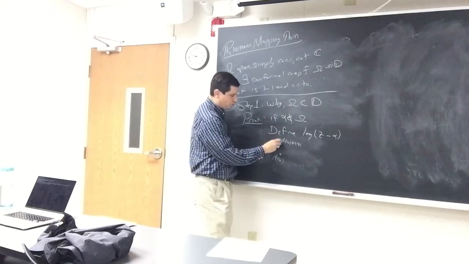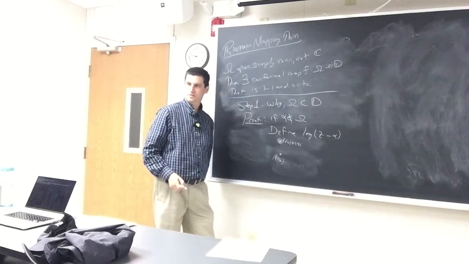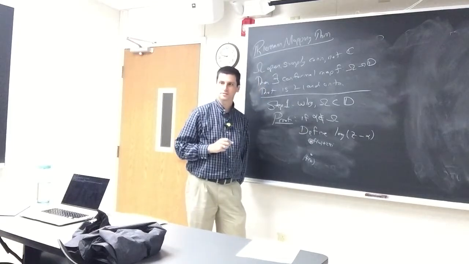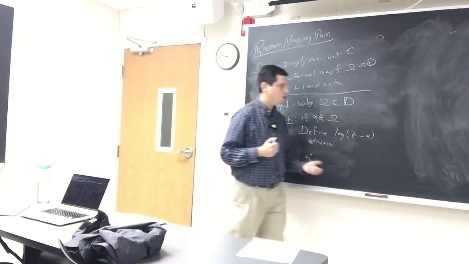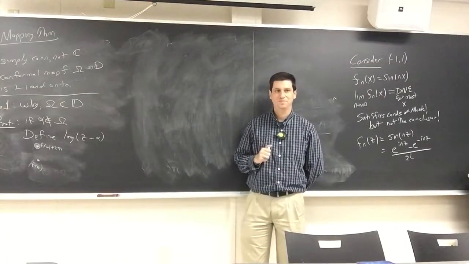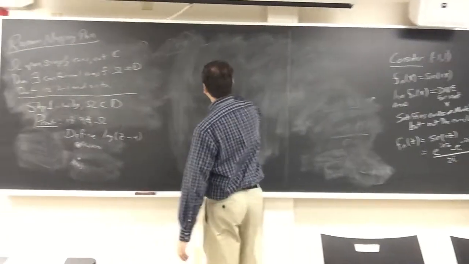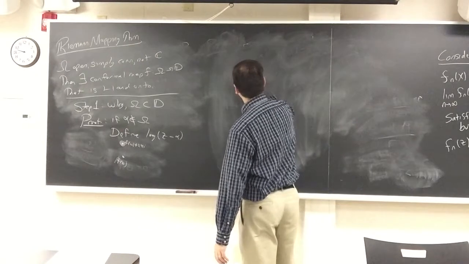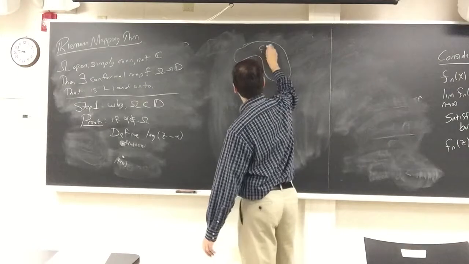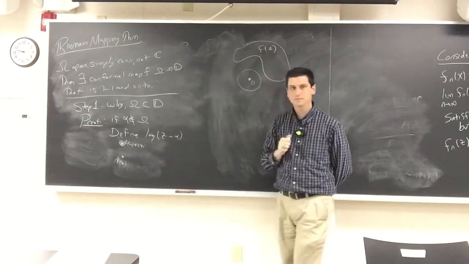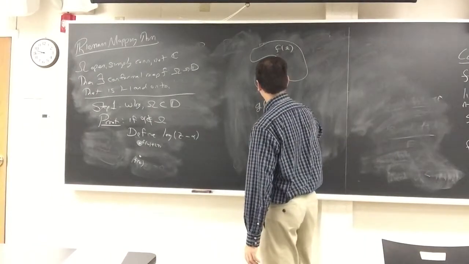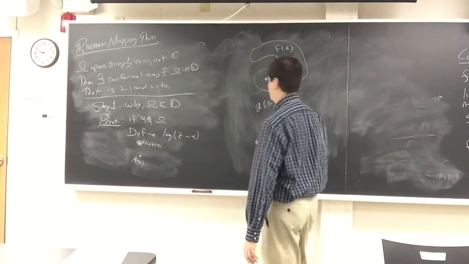What I'm going to do is I'm going to invert about this disk. And anything outside is mapped inside, and anything inside is mapped outside. So to make things as simple as possible to try to understand, where would you love that disk to be centered? At 0, yeah. So assume here's the point 0, and here's a small little disk. We don't get anything inside. And then here is f of omega. We can define a new function, g of z is 1 over z.